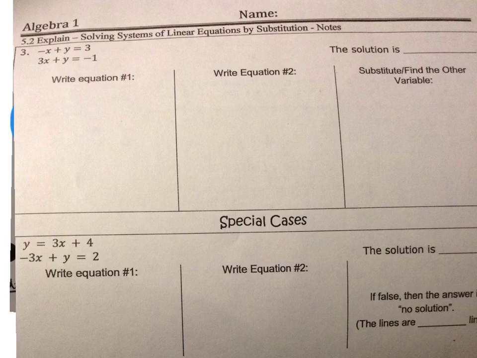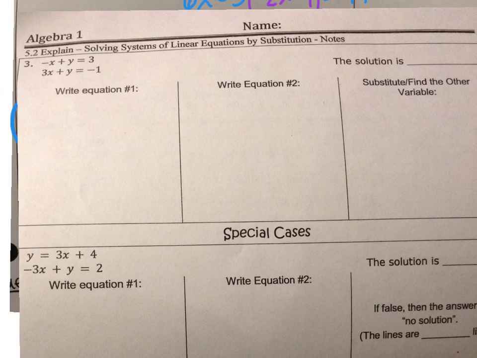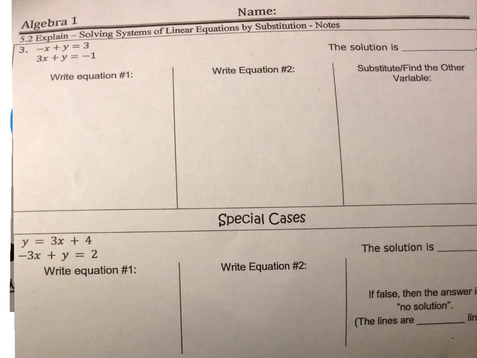Now I want you to attempt number 3 on the back on your own. Remember that your goal is to get a point that has an x and a y value. If you can solve this and get it correct, take a picture of it and send it to me through chat on Remind 101.